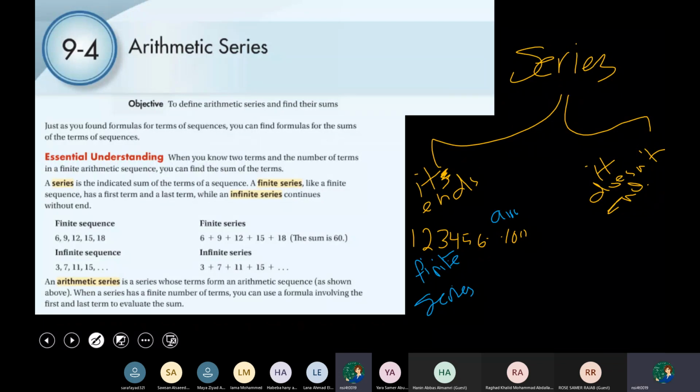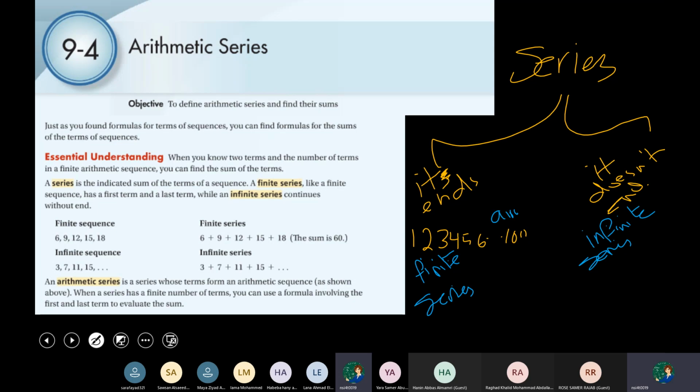Okay. So I'm so sorry here. So now the series has two types. It has a finite series and an infinite series. The finite series means that I will start with a term and end with a term. The finite series has a first term and also a last term.